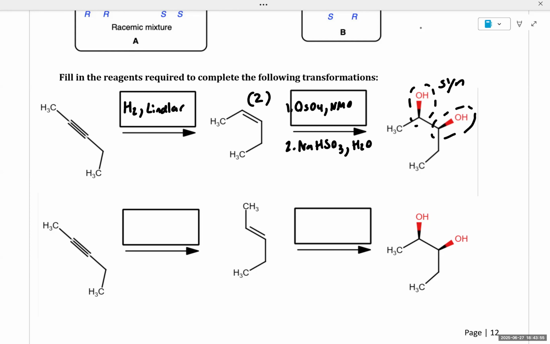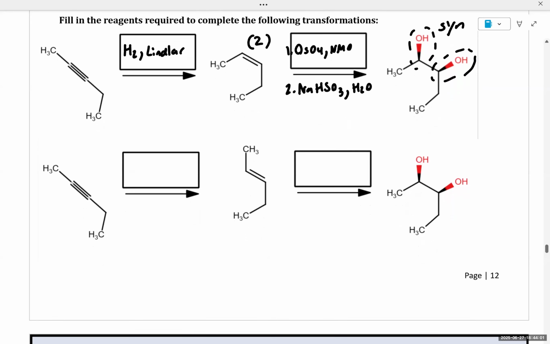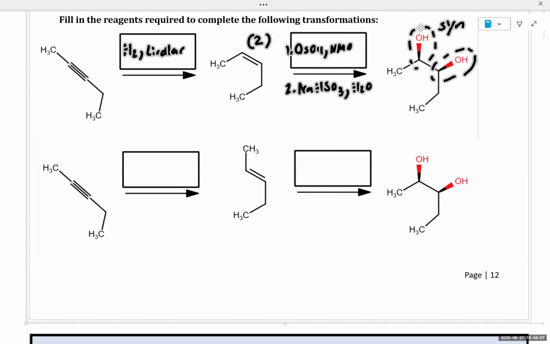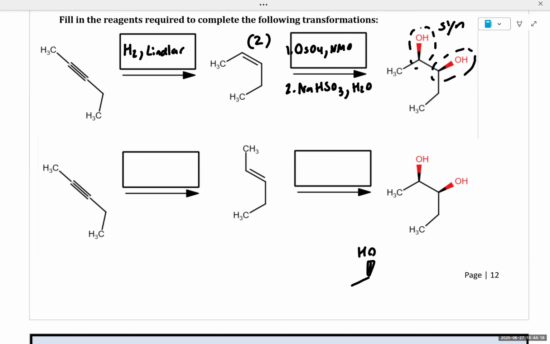Okay. Now that you've seen this first example, let's tackle this second example. I'm going to give you a warning here that when we look at this next step, I'm going to rewrite and redraw this product in a way that's going to make it a little easier for you to see what's going on. One other way to draw this product that may be thought-provoking is that this product, if redrawn another way, looks like this.